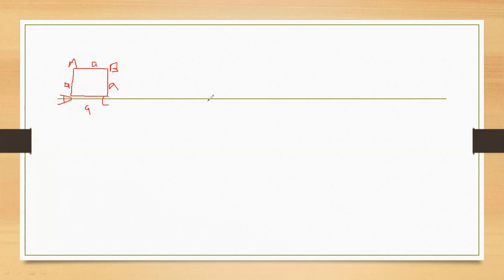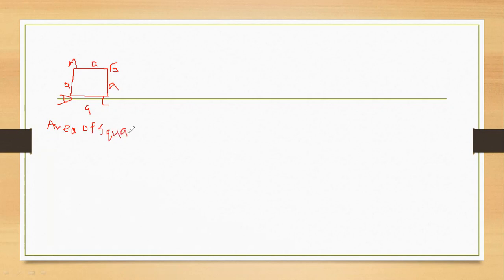And from this, what we have to find out is the area of this square. We know the area of a square, its formula is L square.